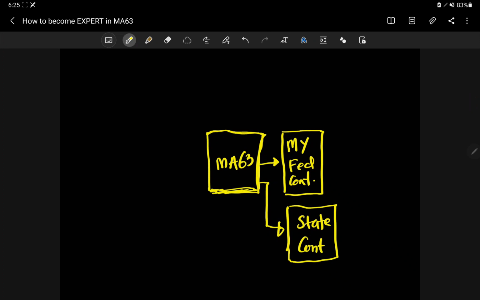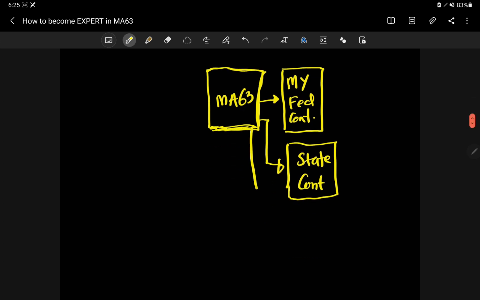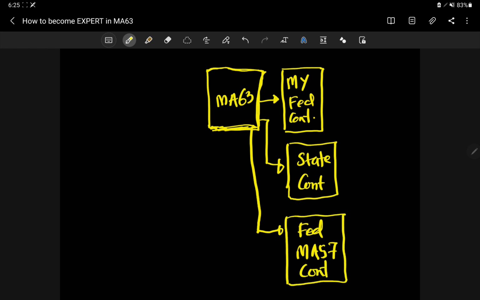Another constitution that you need to look at after the Malaysia Agreement 1963 is the Federation of Malaya Constitution. But this is a bit tricky because I cannot find, and I think a lot of people cannot find, the original version of the Malaysia Agreement and the Constitution of the Federation of Malaya.